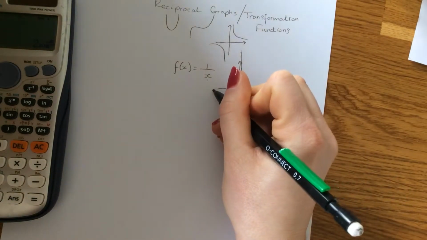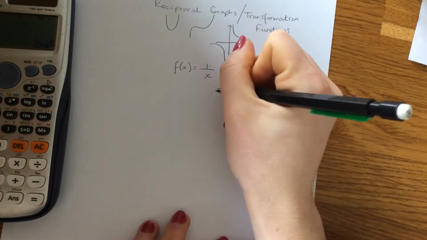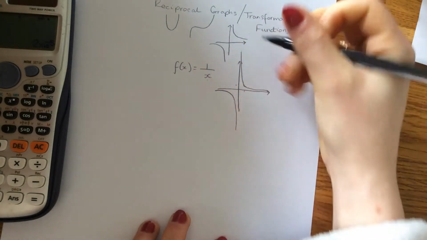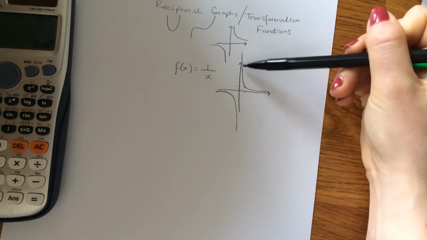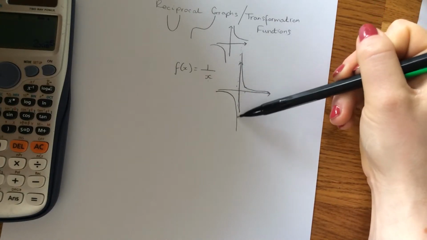And what we find is that on the negative side of the x-axis, we get this same pattern or same shape. Okay, so the graph never ever touches or intersects the y-axis, and we call this an asymptote.